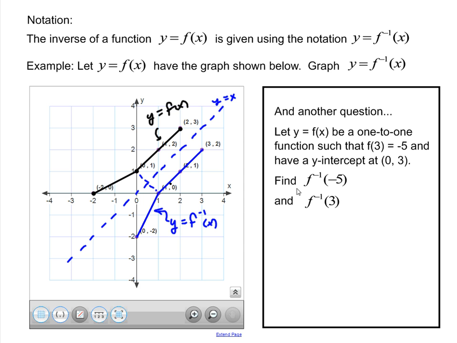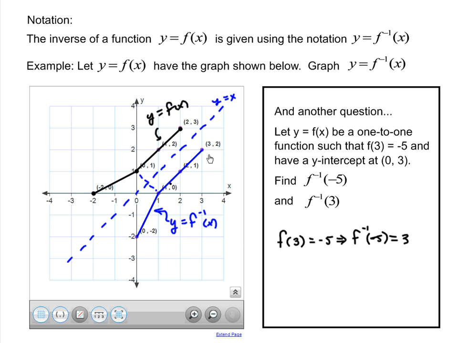And if we're interested in finding f inverse of negative 5, in fact, we can say by the inverse notation right here, if f of 3 is equal to negative 5, it will imply that f inverse of negative 5 will equal 3.